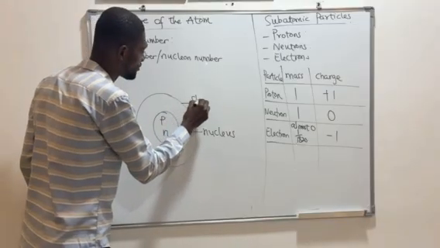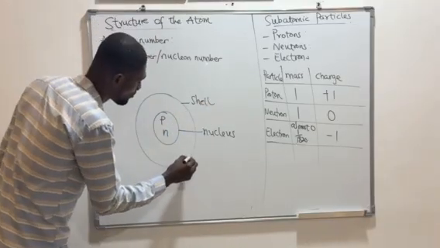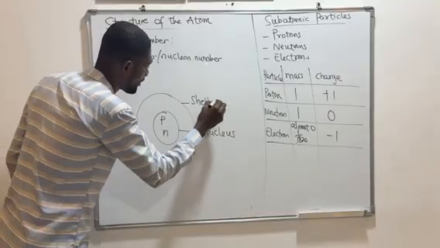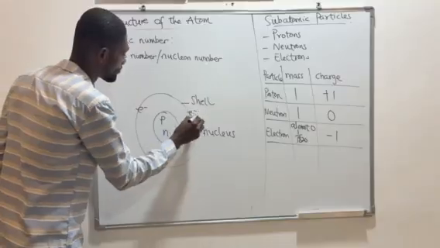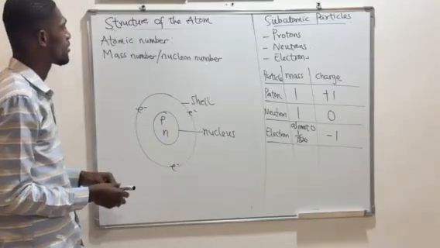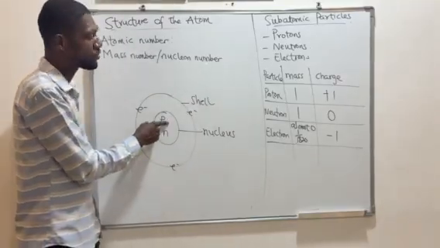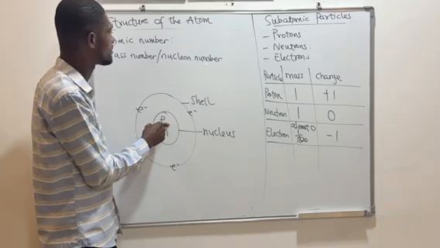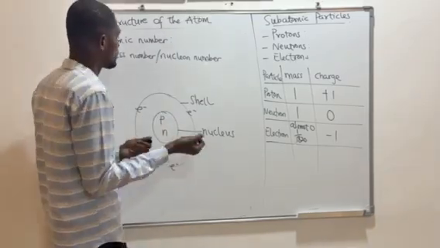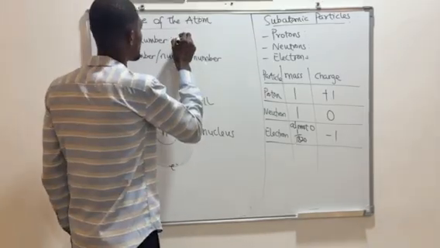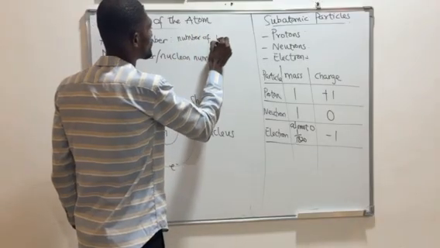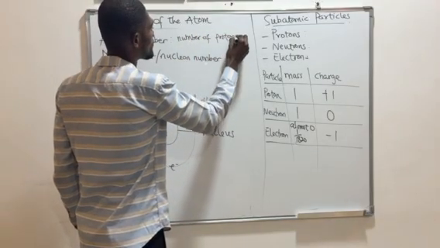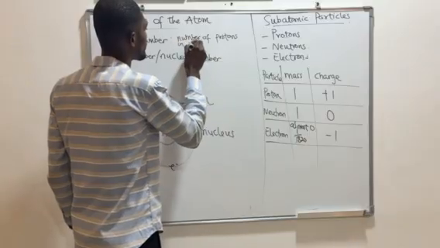We have the shell where the electrons revolve. So the number of protons in the nucleus is what is called the atomic number.